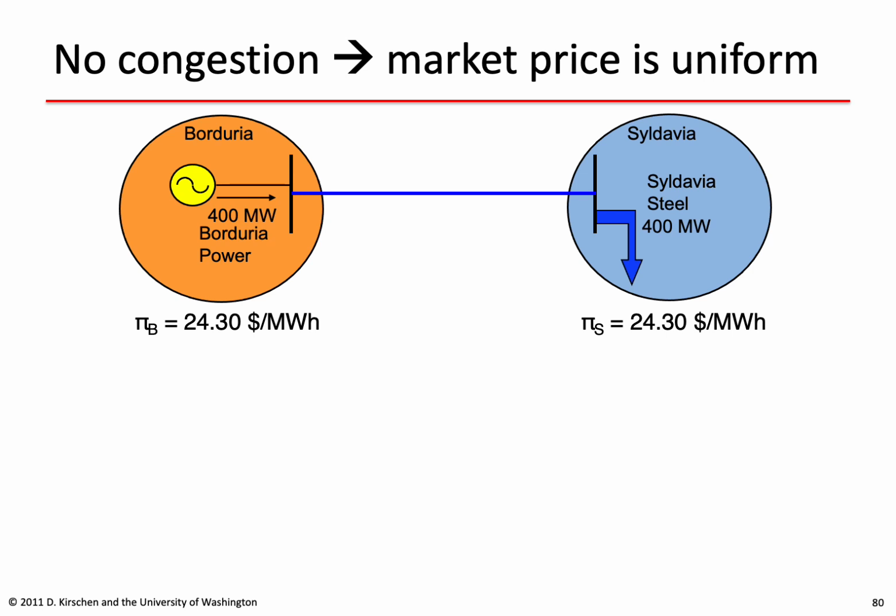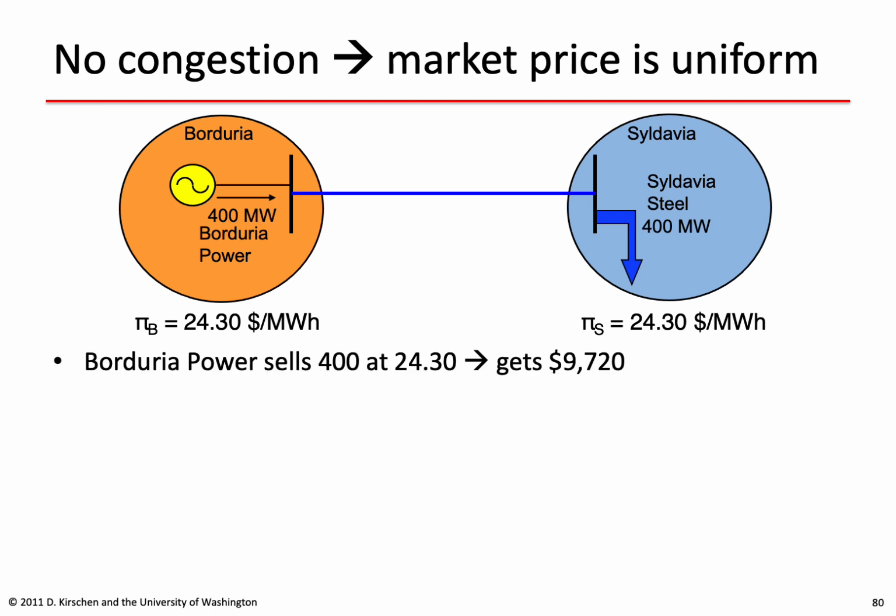Let's first consider the case where there is no congestion on this interconnection between Borduria and Syldavia. Therefore, we have the same price in Borduria and in Syldavia, and let's suppose that it is $24.30 per megawatt hour. So, let's see how the contract works. Borduria Power sells 400 megawatts at 24.30 and gets 9,720.